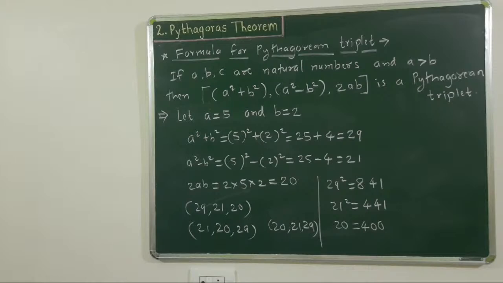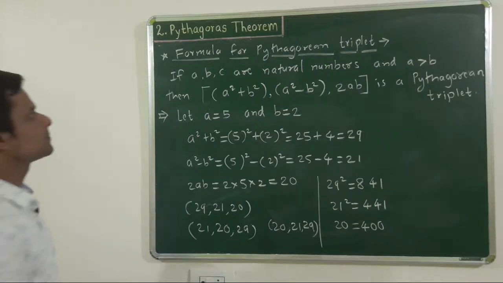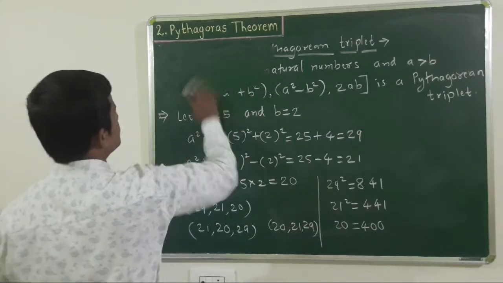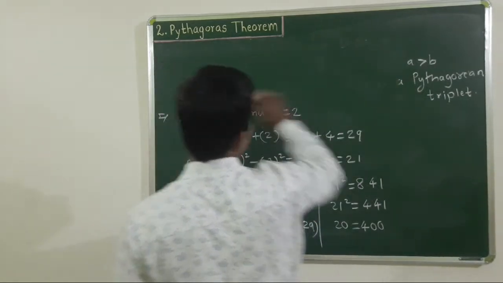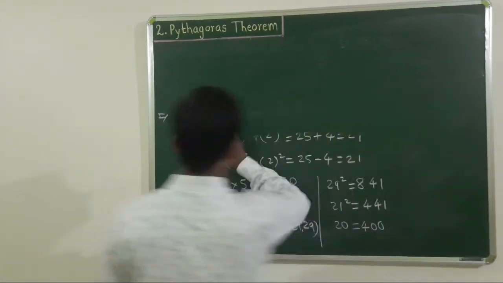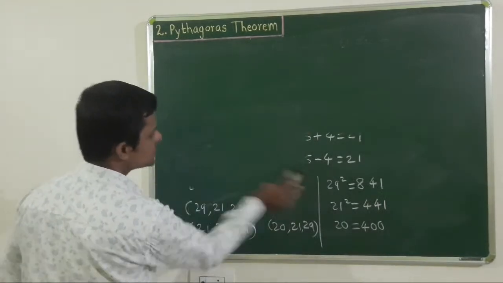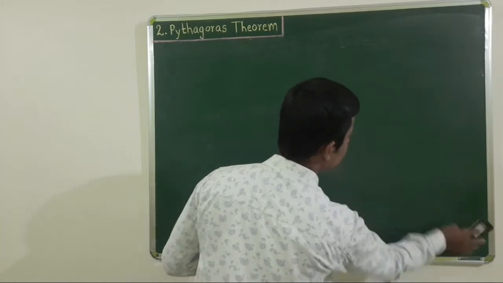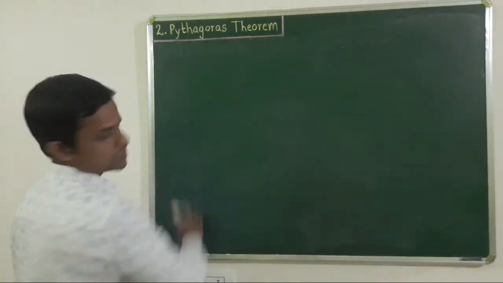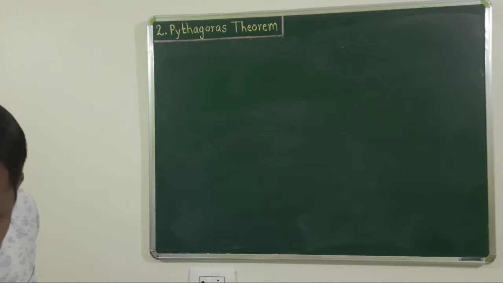That is the property of the 30, 60, 90 degree triangle. That also we have learned last year. I'll just revise that property here again. You have learned the proof of that theorem also, and I'm going to revise it again.